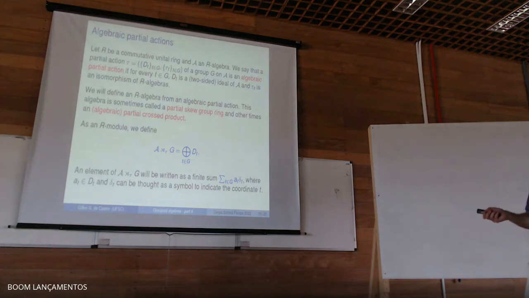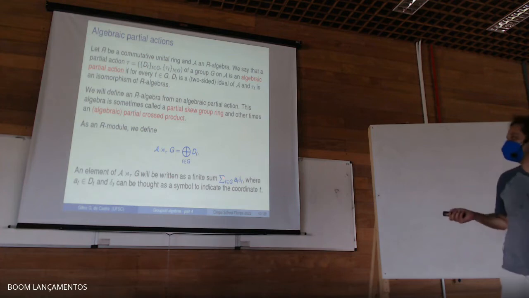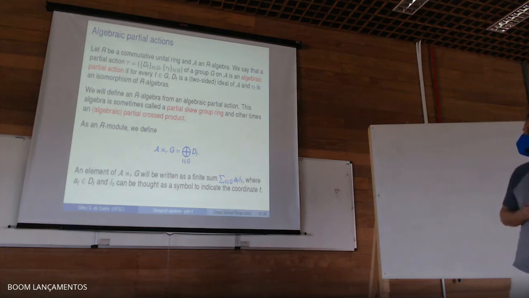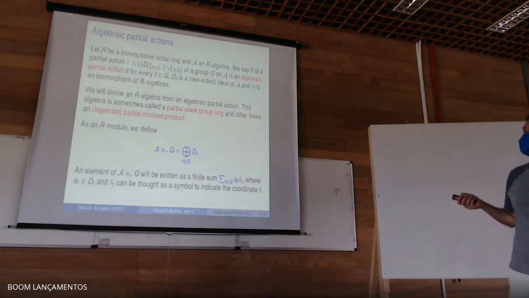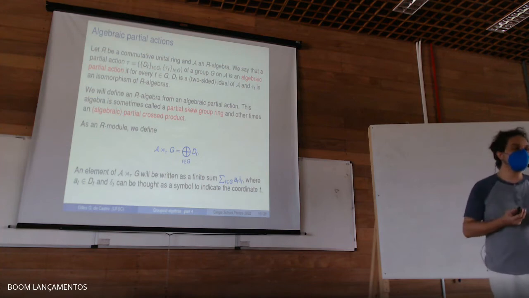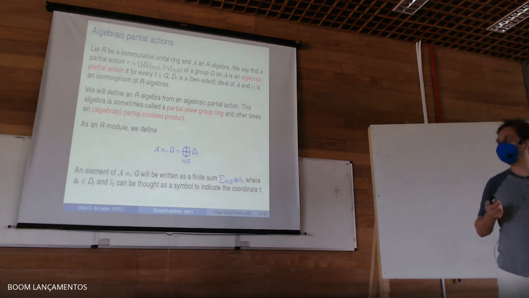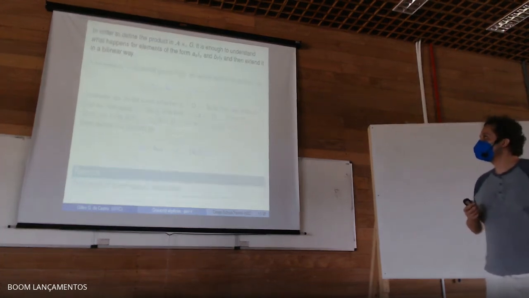So an element of this free group is going to be a sum like this, which should be a finite sum because it's a direct sum here. And this delta t is just to indicate in which ideal this element a_t is. So this is the structure for an R module, but we need to define a product on this R module to be an algebra. How do we do this?